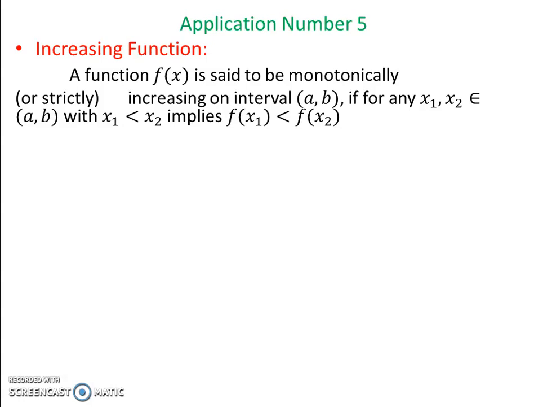So a function f of x defined on the closed interval ab is said to be monotonically increasing or strictly increasing on ab if, for any values x1 and x2 in the interval, x1 less than x2 implies f of x1 less than f of x2. Hence, such a function is said to be an increasing function.